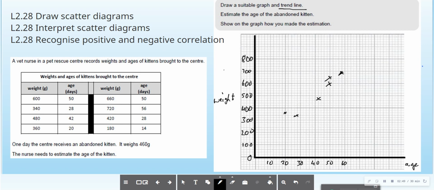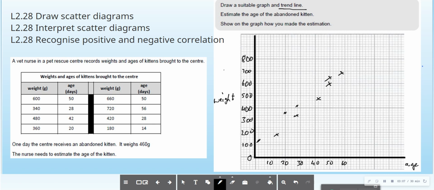Bad to see, isn't it? 420 and 28, so just below 30, and 180 and 14.